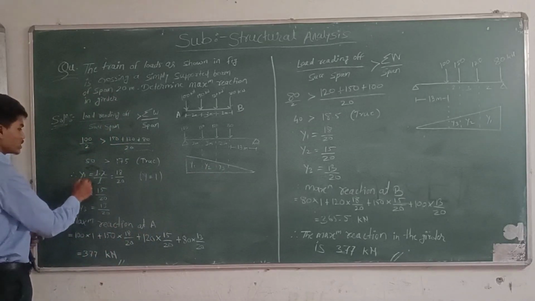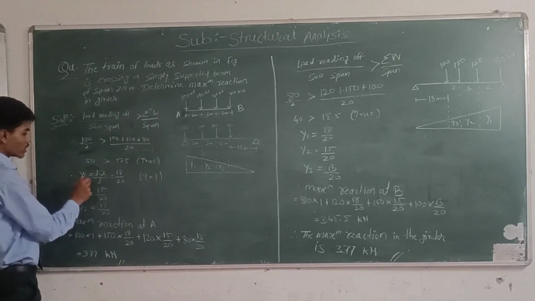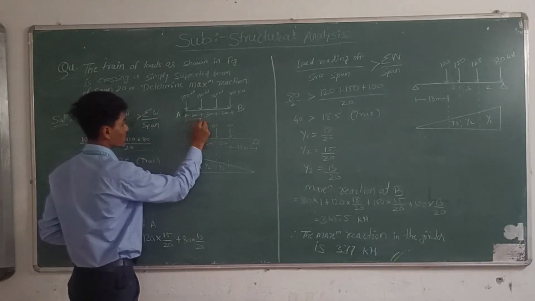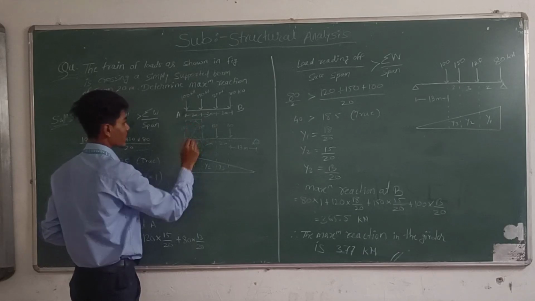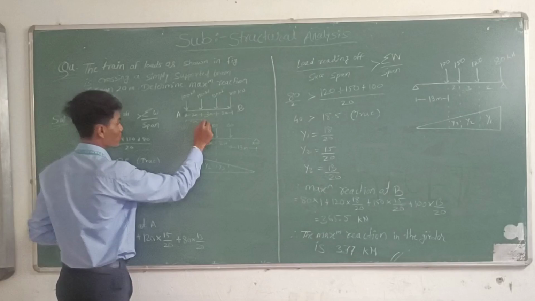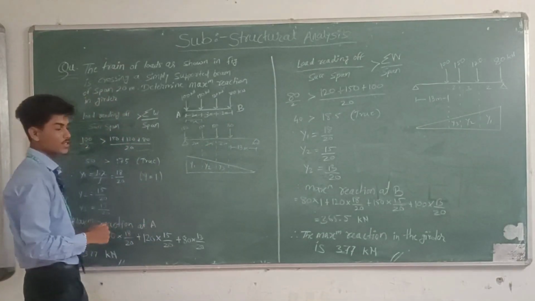First of all, we will find out y1, y2 and y3. The formula is y1 equal to L minus x, where x is this portion and L is the total length of the span.